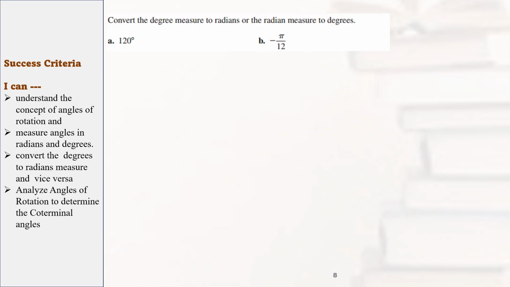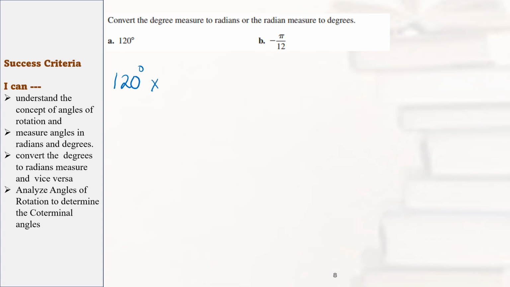Let's try to solve a few of the questions by converting degrees into radians and radians into degrees. It is very important that you keep the calculator in your hands if it is allowed. So, 120 degrees. To convert degrees into radians, what do we do?